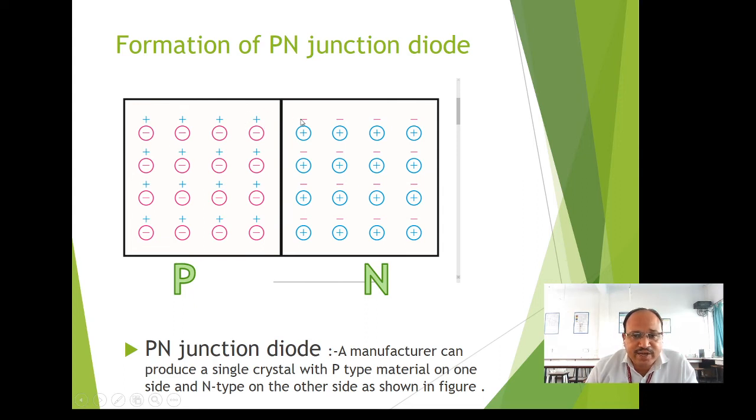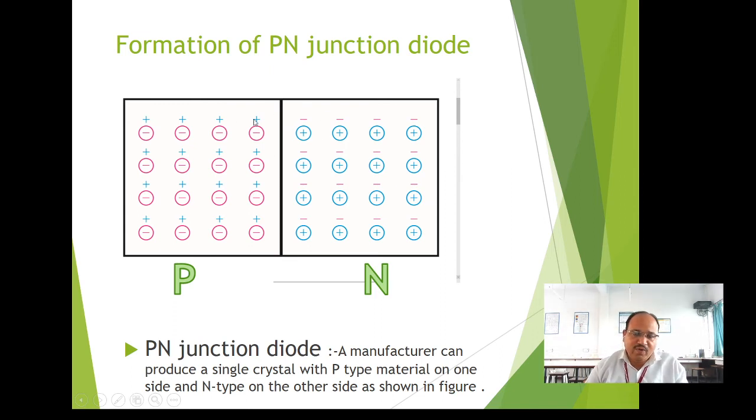Now when an electron leaves this N type material, it creates a positive ion in this N type material. And as this electron falls into a hole, the hole also vanishes and it creates a negative ion in this P type material. In the sense, whenever an electron transits from N type to P type material, both the free electron and the hole vanish. So now the electron becomes a valence electron in this P type.